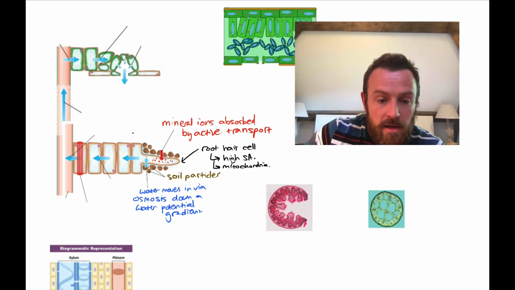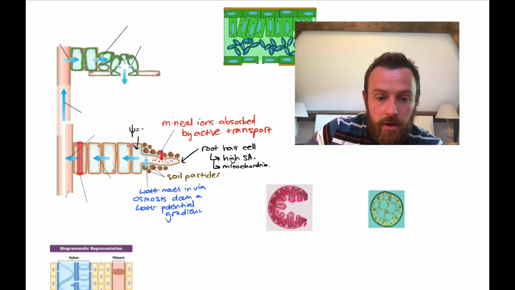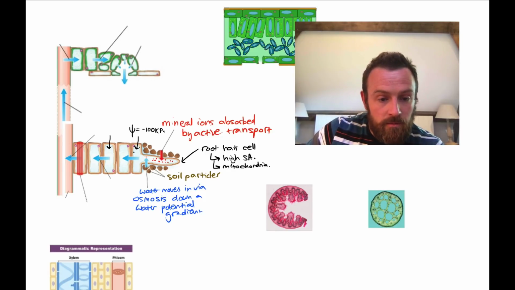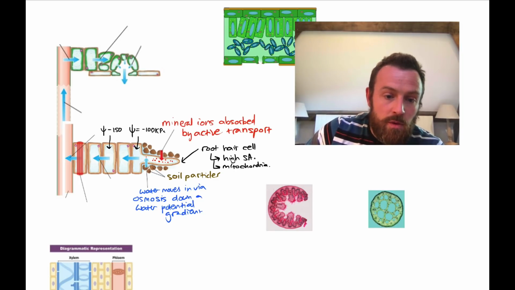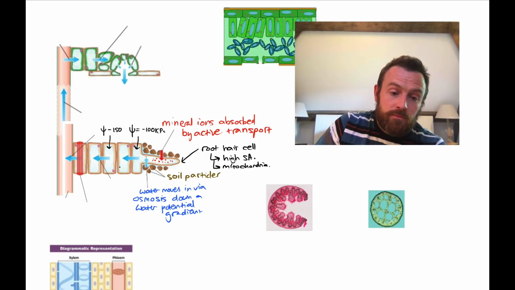So this cell here might have a psi value of, let's say, minus 100 kPa or something. And then if it's going this way, then this one would have to be lower. So this would be like psi minus 150 and so on. So we're moving down a water potential gradient and so on and so on.